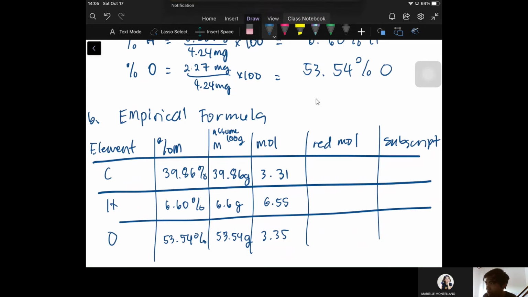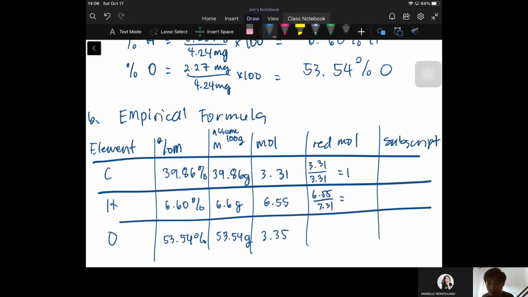No? So ngayon, to get the reduced moles, ano yung gagawin natin sa reduced moles? Yung smallest number, yun yung gagawin nating divisor. So 3.31 divided by 3.31, 6.55 divided by 3.31, and 3.35 divided by 3.31. Okay, so we divide these numbers by the smallest number always to get the reduced moles. So that's 1, 6.55 over 3.31, feeling ko around 2 yan. 1.97.